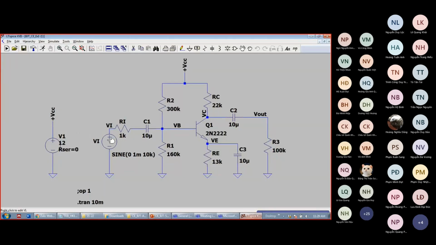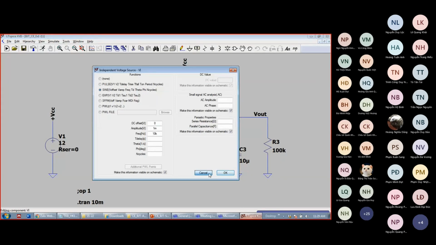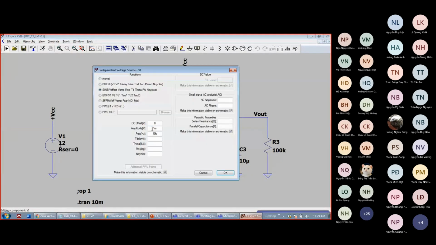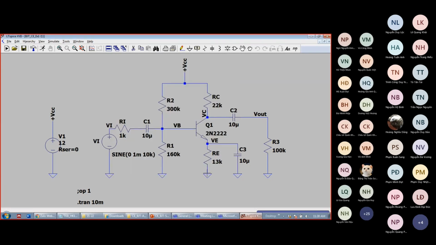Here I have chosen the input signal as a sine wave voltage with an amplitude of 1 millivolt and frequency of 10 kilohertz. So F is 10 kilohertz, so omega is 2 pi times 10 to the power 3. If I choose the capacitor here to be 10 microfarad.